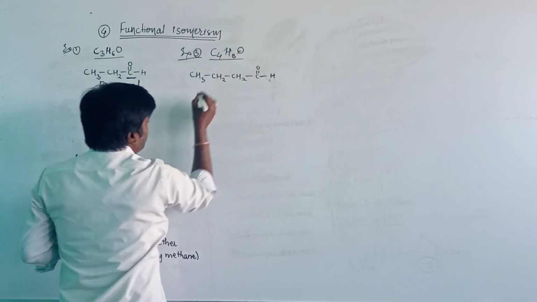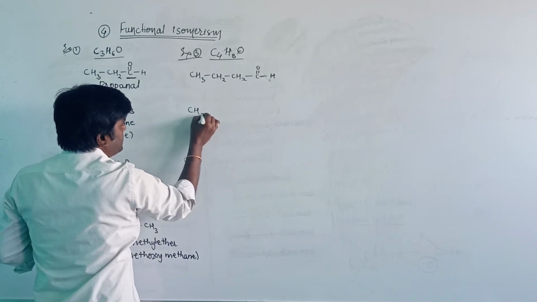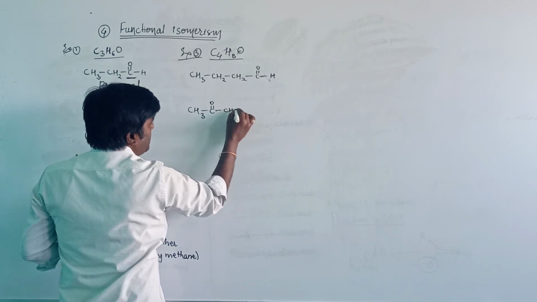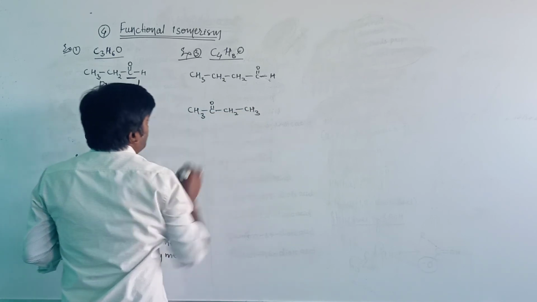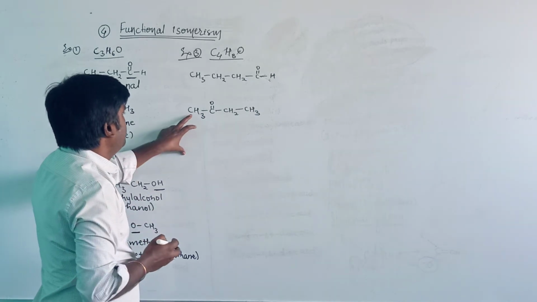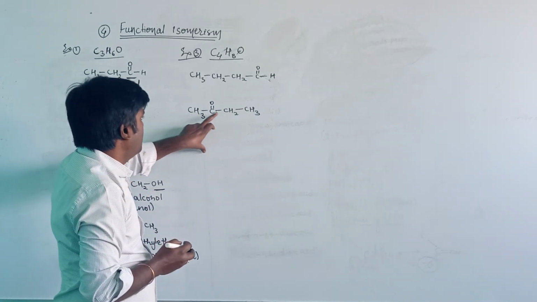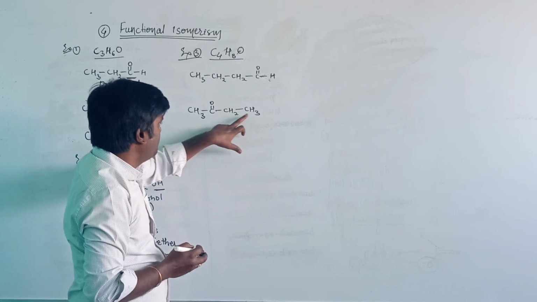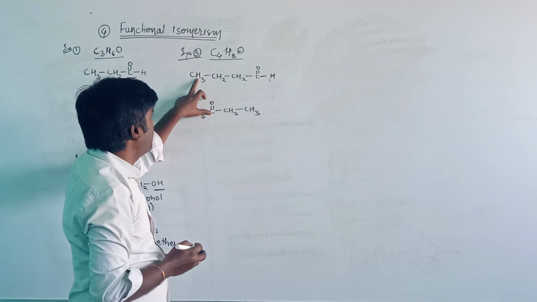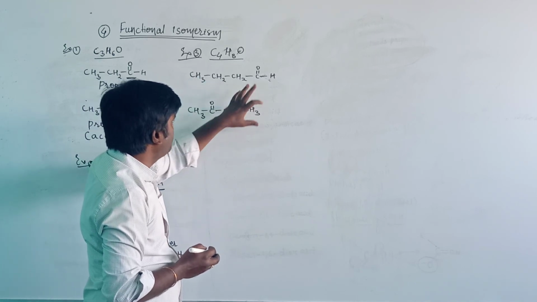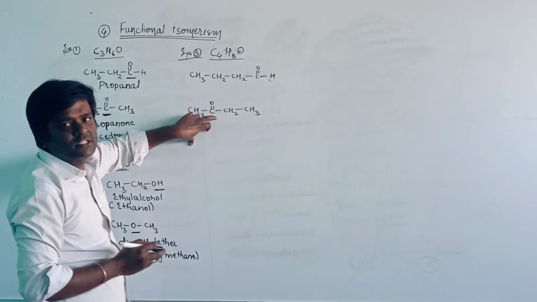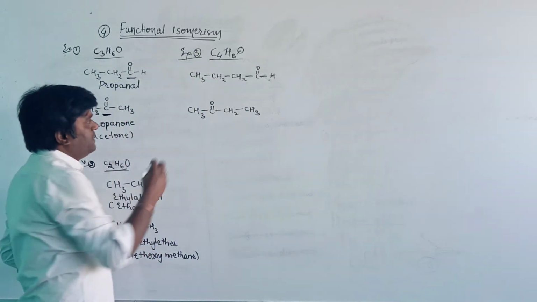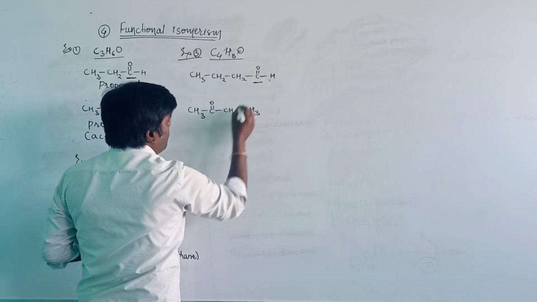We can represent it in another way: CH3COCH2CH3. Here the number of carbon atoms is 4, the number of hydrogen is 8, and oxygen is 1 in each compound. Both have the same molecular formula but differ in the functional group.